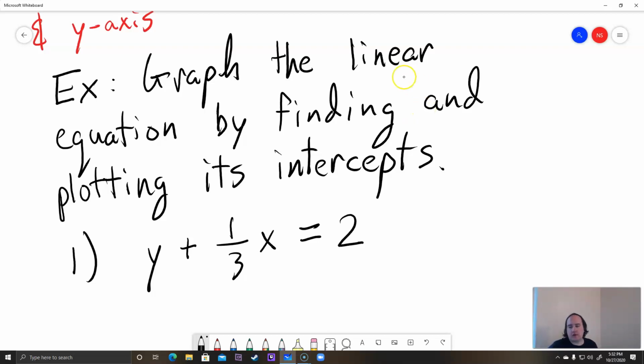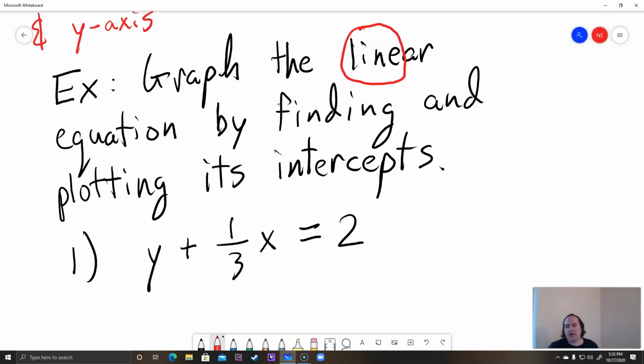So first of all, what does linear equation mean? Linear actually just means that the graph is a line, which you should already have known because of the title of the section. But looking at the word linear, it has the word line built right into it.